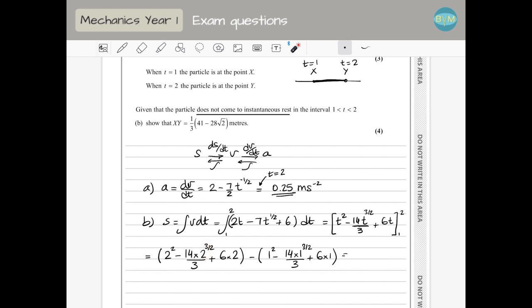Well, if you want, remember this is 2 root 2, so you can substitute this expression by 28 root 2 divided by 3 in the calculator, and you're going to get 1/3 (41 minus 28 root 2) meters. And that's the answer.